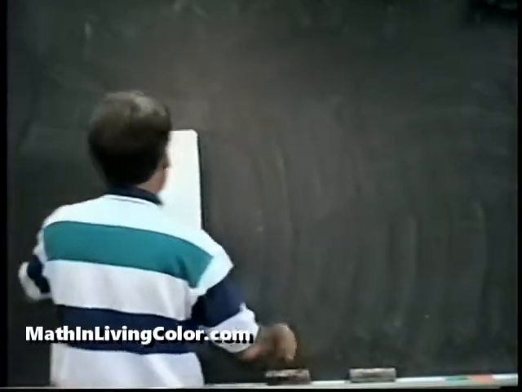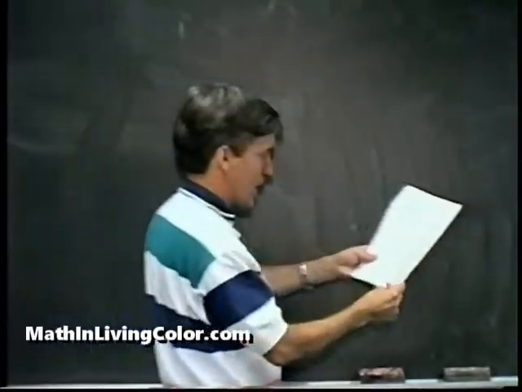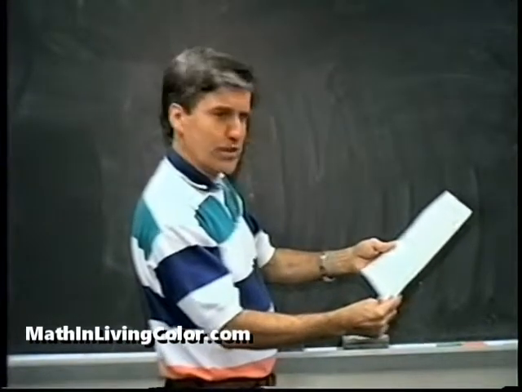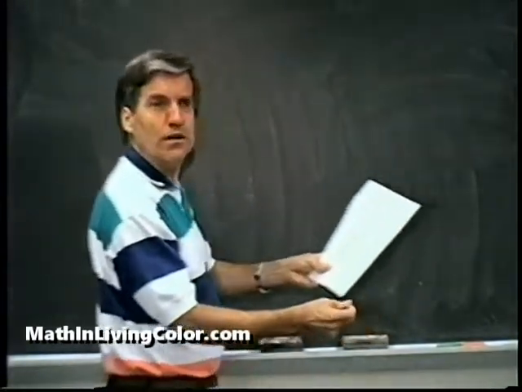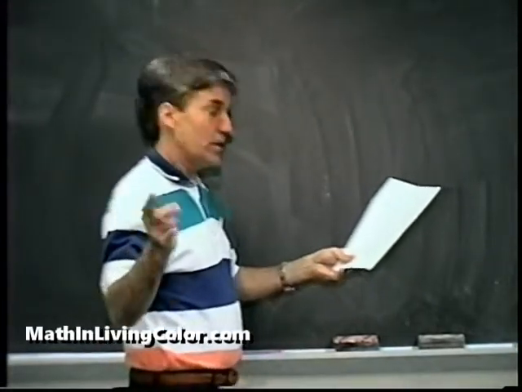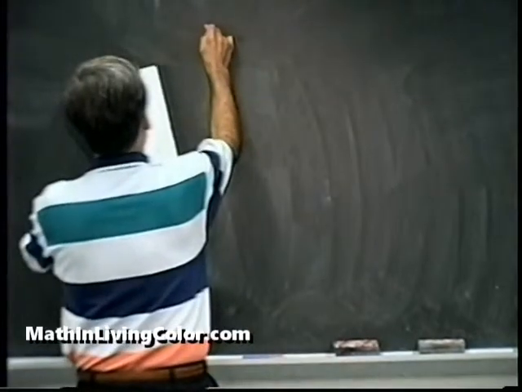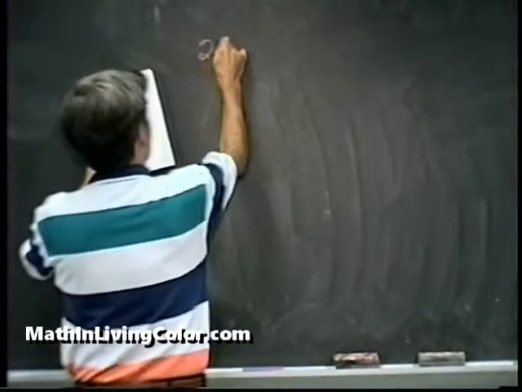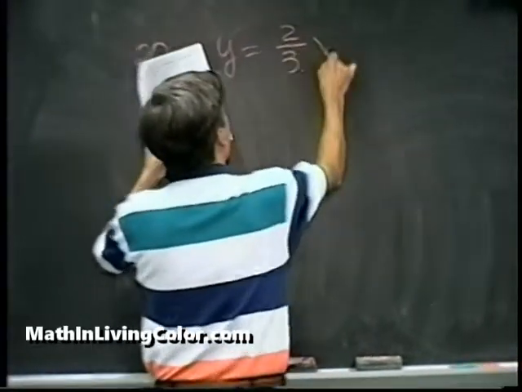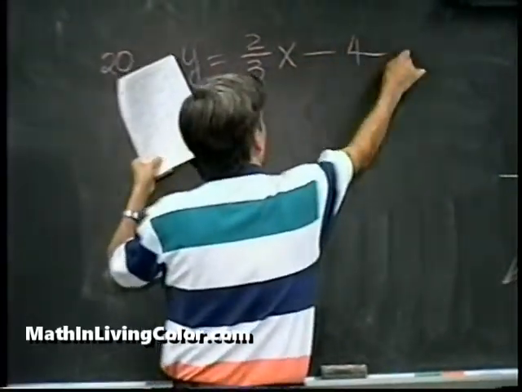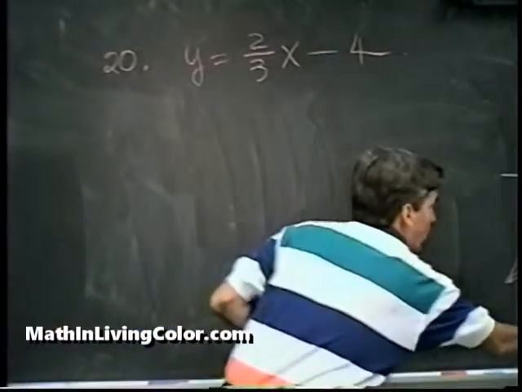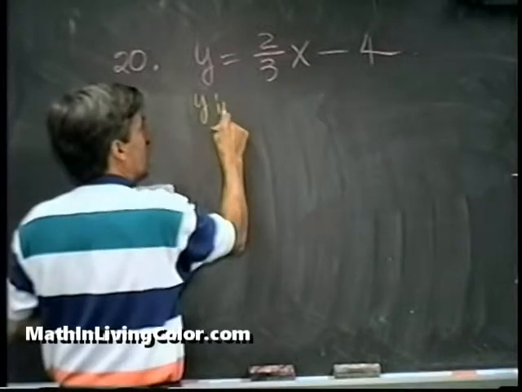All right, another example that we had, which one was that someone was looking at? Was it number 20? Anyone else have a number they'd like to have me do on page 5? Do 20. Number 20. 29. Or number 29. Let's do number 20. It says y equals 2/3 x minus 4. So what's the first thing? I need a y-intercept. What's the y-intercept?